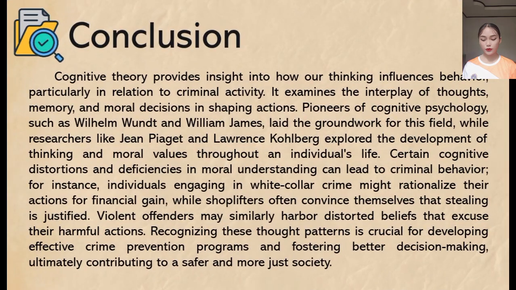Cognitive theory provides insight into how our thinking influences behavior, particularly in relation to criminal activity. It is mainly focusing on the memory for storing information that will be gathered.